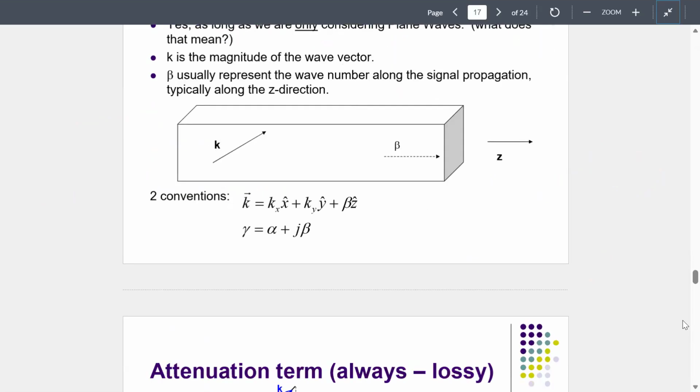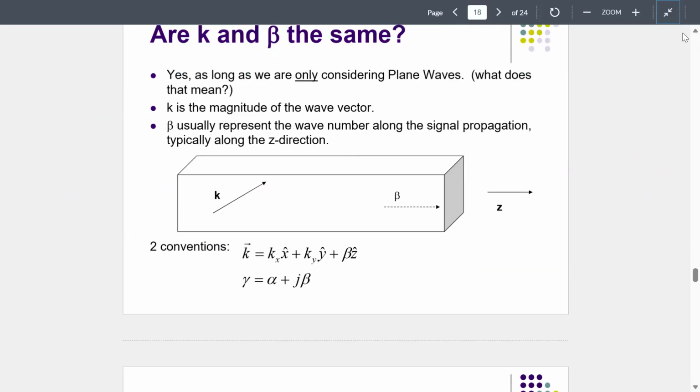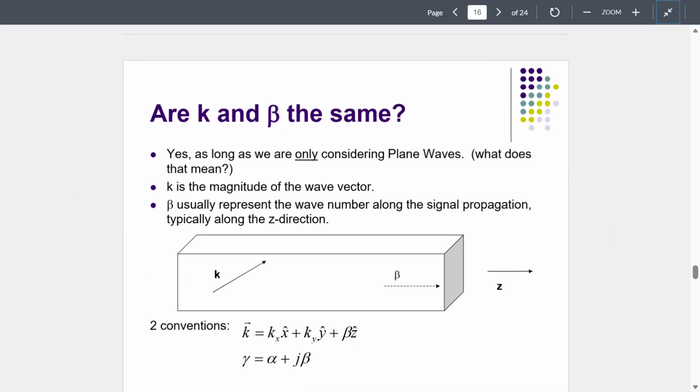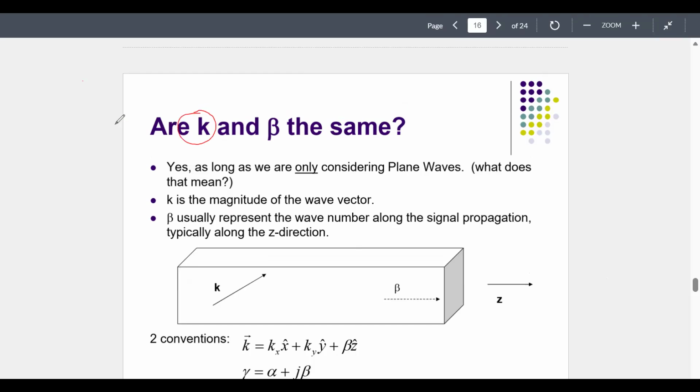General material. Before I do an example, I want to point out two things that are usually very confusing for students. One question is, I keep using K and then switch to beta. Why? Are they the same? I keep saying that they are the same, but they're not really the same. I didn't come up with this notation, okay? K is what we use for free space propagation, the wave vector.